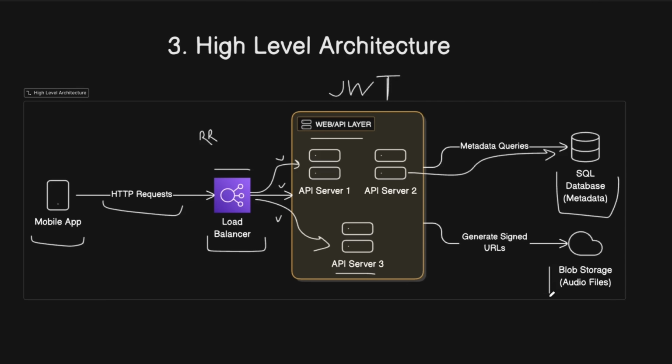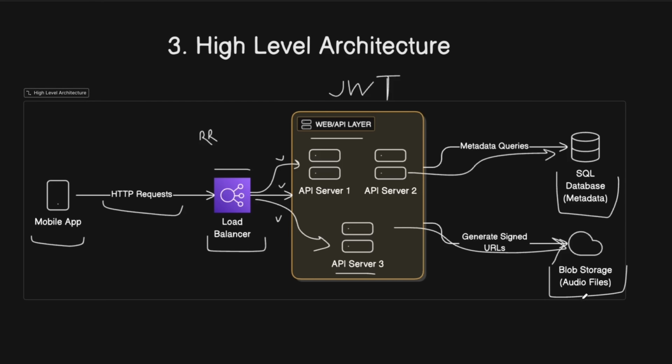But for audio files, we'll need some sort of blob storage to store these files, since they are the biggest portion of our system. And these will be queried with generated signed URLs, which are one-time URLs that expire after some time so that we keep the URLs safe and they are not always accessible through the same URL.